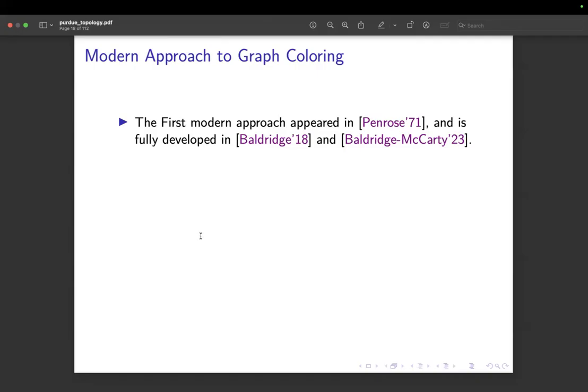But there is a modern approach to graph coloring, and the first modern approach was taken by Penrose in a 1971 paper. Ironically, it is the same paper that Lou Kauffman cited where he got his idea of the Kauffman-King relation. And this idea was fully developed recently by my advisor, Scott Baldridge, and one of his students, from the period from 18 to so far.